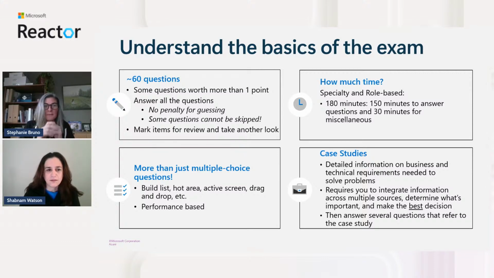But then there's also this case studies section. I'm not sure how many you can expect or if it varies between people taking it, or even when it is. The case studies could come in the beginning, they could come at the end. Those are the different sections. So once you complete the case study section, for example, you can't go back to that one.